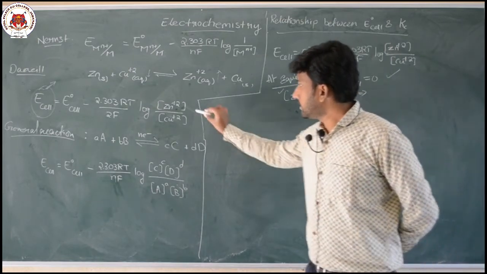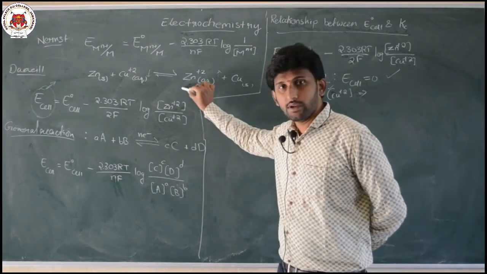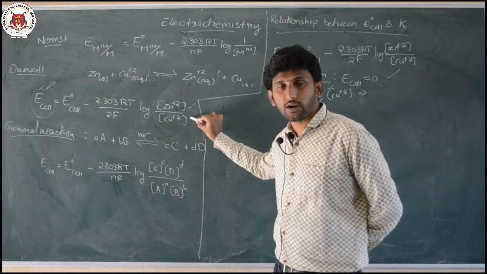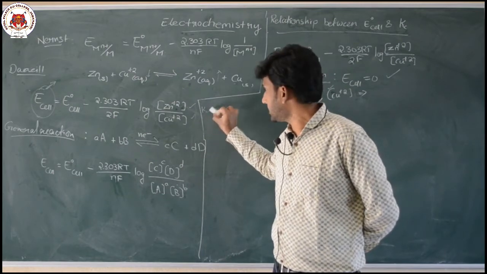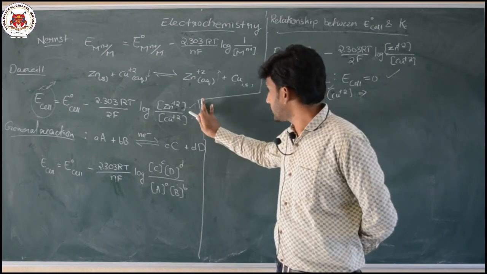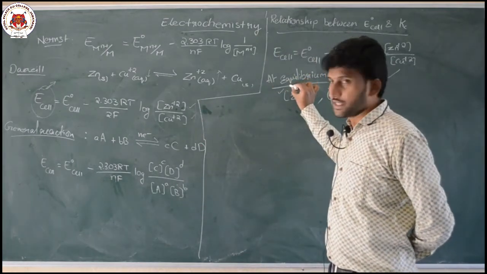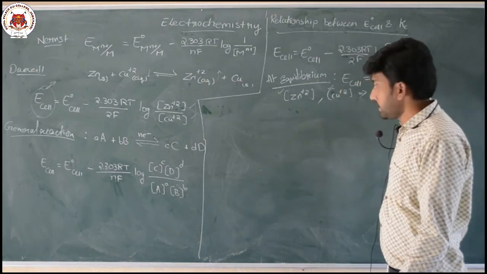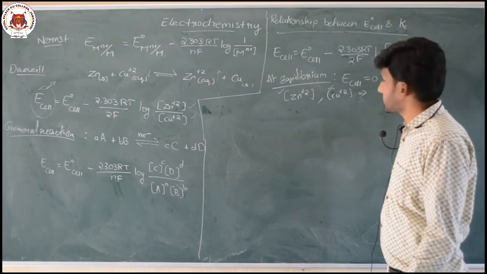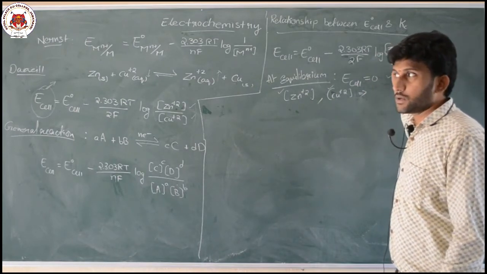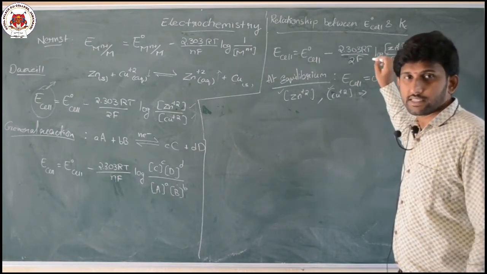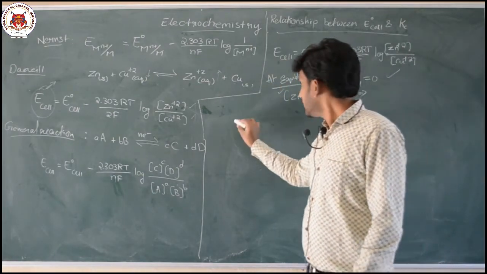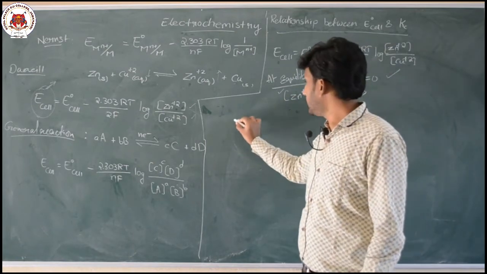That means this ratio of the molar concentrations of the products to that of the reactants is nothing but Kc, the equilibrium constant. So, since we are assuming the reaction is at equilibrium, the ratio of the molar concentration of zinc ions and the molar concentration of copper ions is equal to the equilibrium constant Kc. So I will apply this here. E cell, I have said, is 0 at equilibrium.